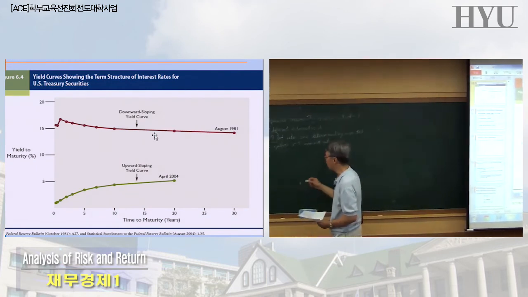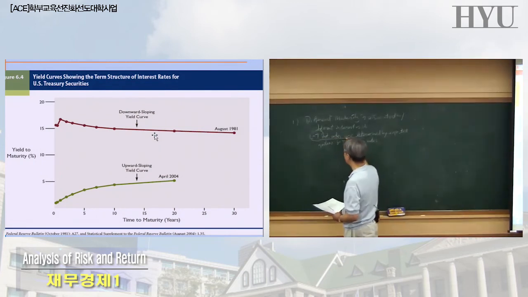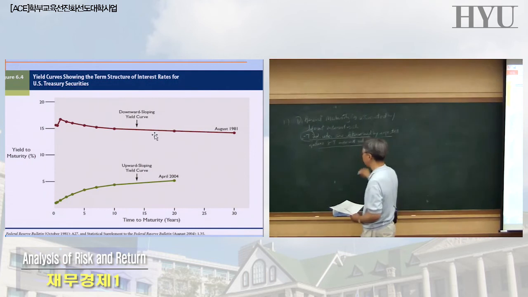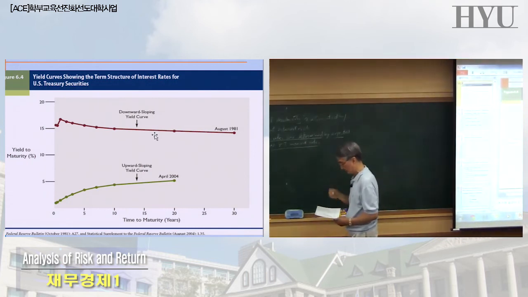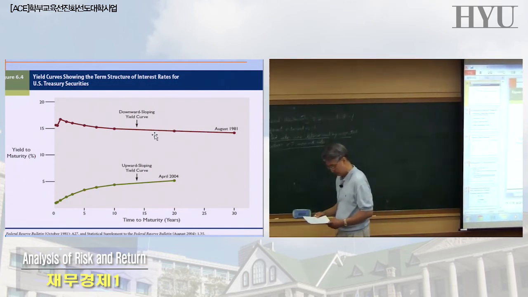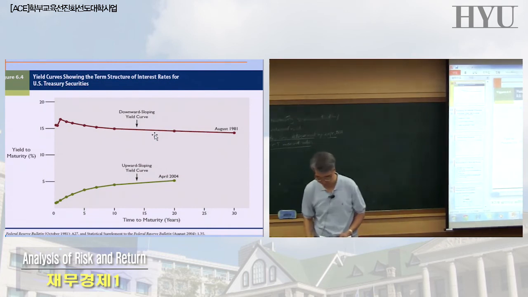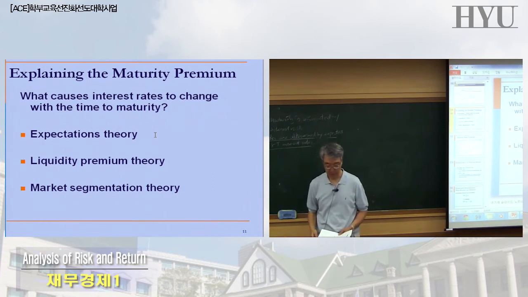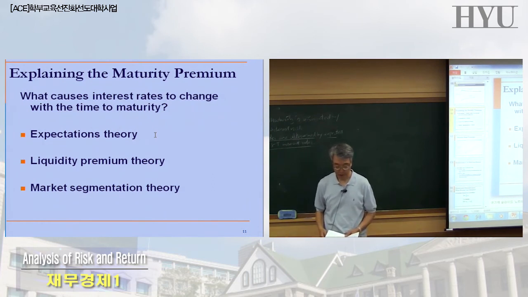That's what this means. Long-term interest rates are determined by expected future short-term interest rates, okay? And that's the first theory. So basically, people's expectation determines the maturity premium.